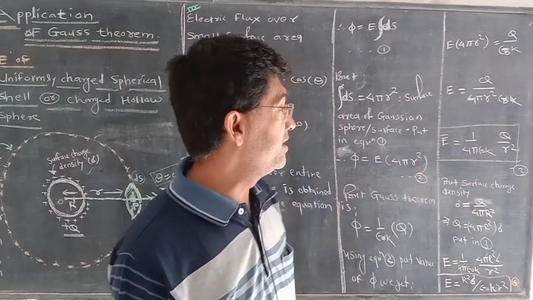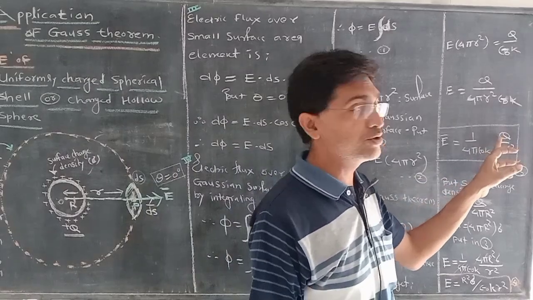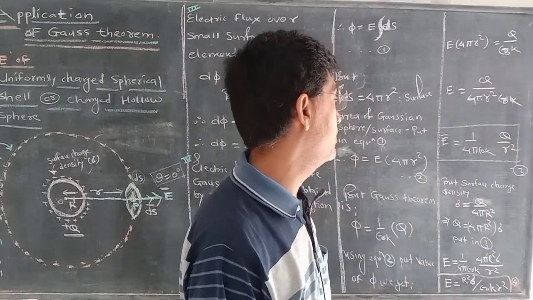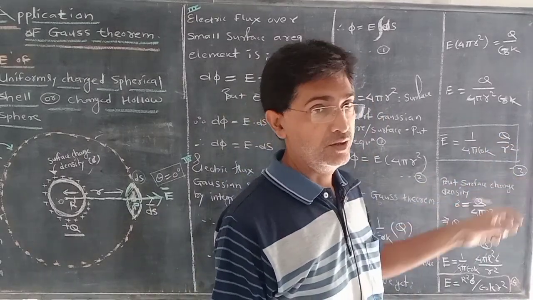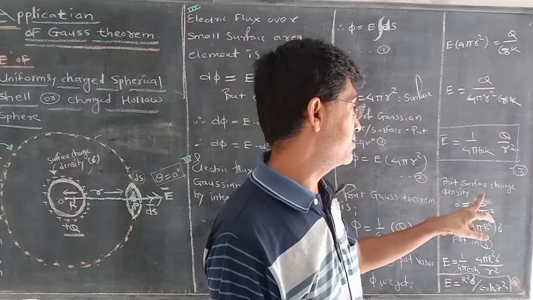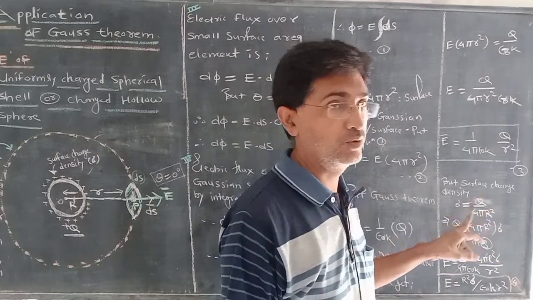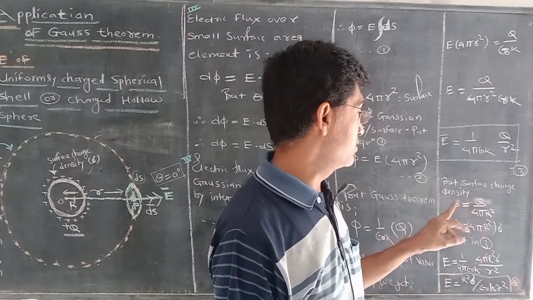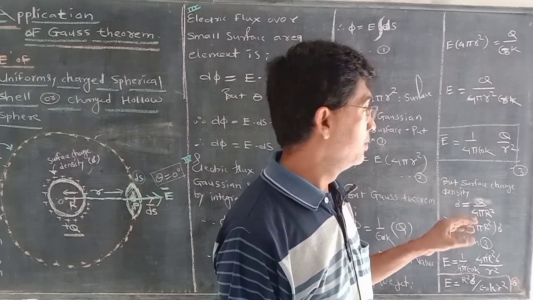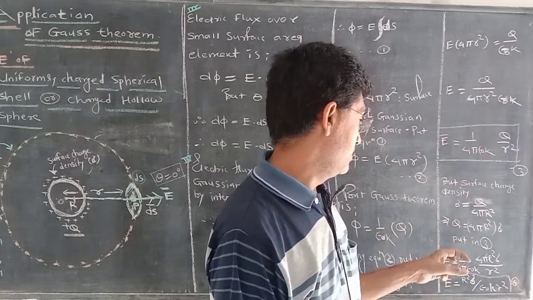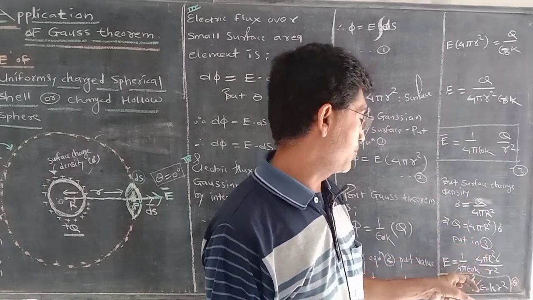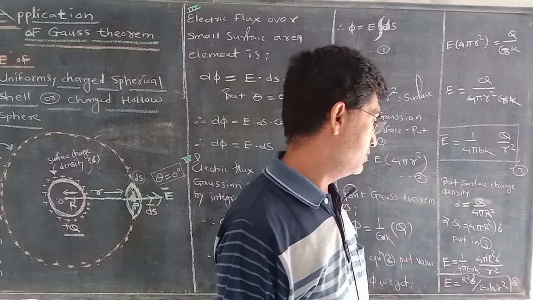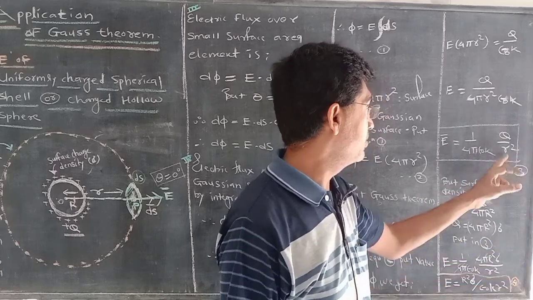Now in this equation, instead of the total charge q, you can put the surface charge density. The surface charge density sigma is total charge upon total area, q upon 4 pi r square. So q equals 4 pi r square sigma. Put this value in equation number 3. So E equals 1 upon 4 pi epsilon naught k, instead of q, 4 pi r square sigma upon r square.